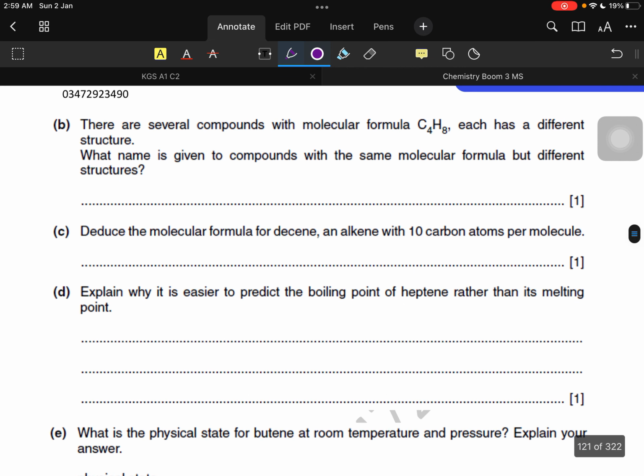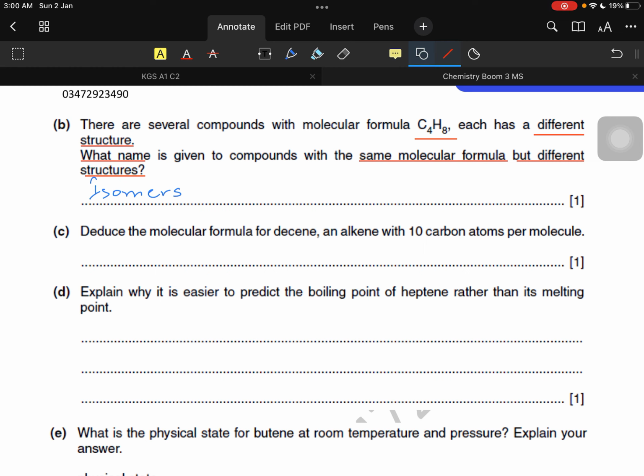Now coming back, there are several compounds with molecular formula C4H8. Each one has a different structure. What name is given to the compounds with the same molecular formula but different structure? So we know that these compounds with the same formula but different structures are called isomers. Deduce the molecular formula of decene.